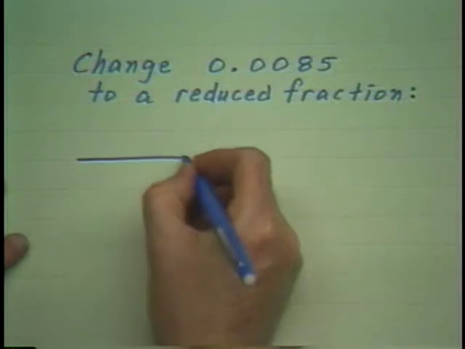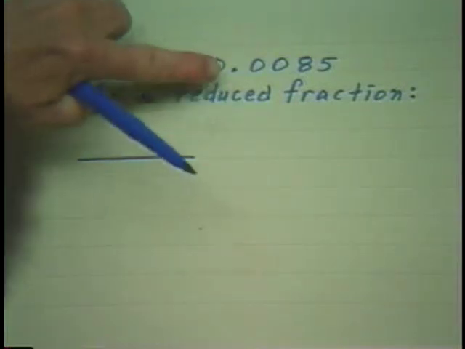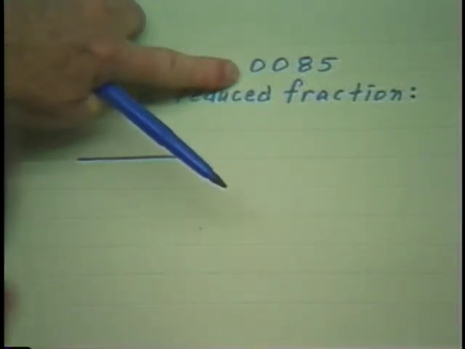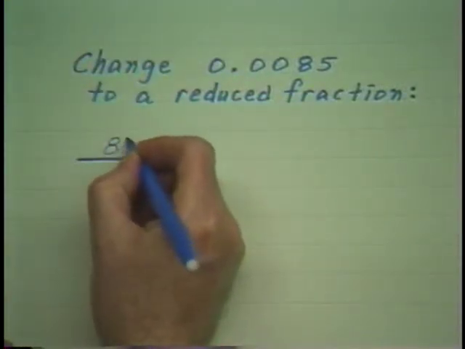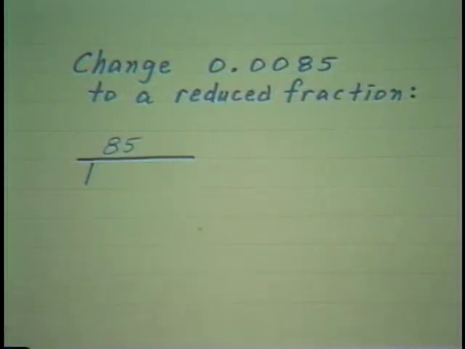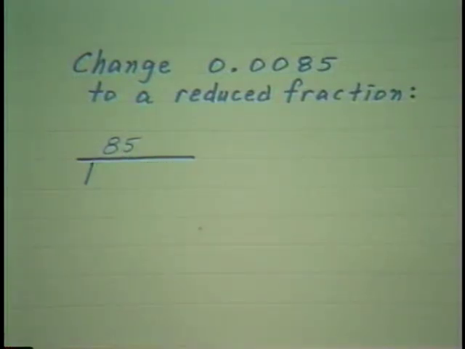It's a way of looking at it which is a favorite of many people. This technique simply says this: pretend like the decimal point isn't there. If it wasn't, that would be the number 85. So write 85 over 1. And of course, writing anything over 1 does not change its value.